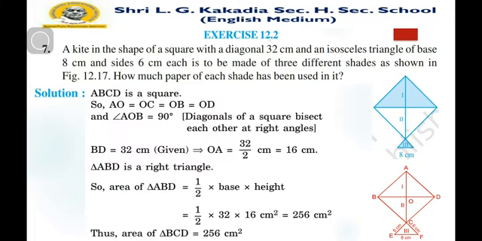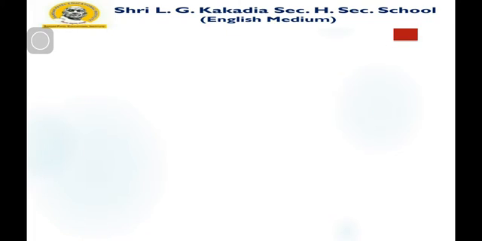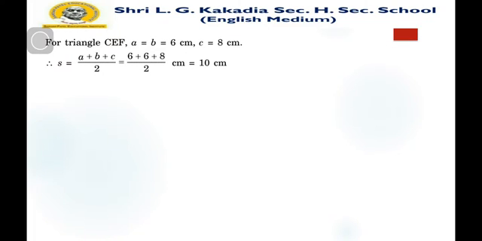Now about the base triangle CEF: a is equal to b is equal to 6, c is equal to 8 centimeter. So the semi-perimeter s is equal to (a plus b plus c) by 2, that is (6 plus 6 plus 8) by 2, which is equal to 10 centimeter.